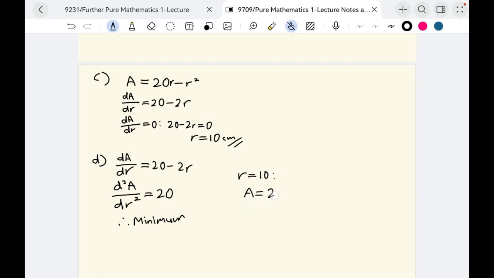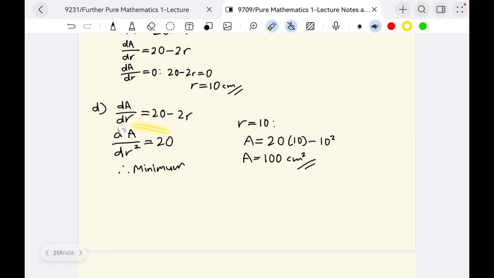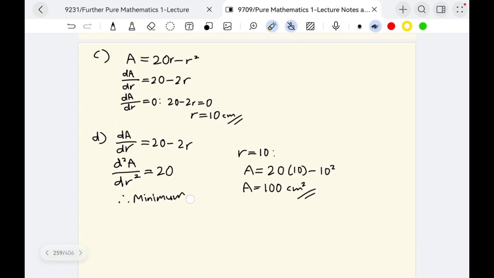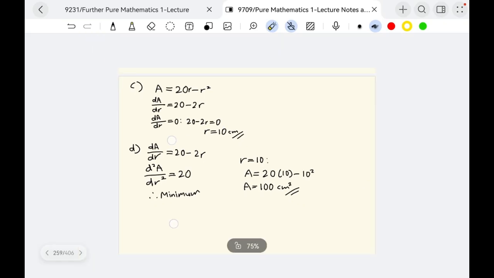What is A? It's 100 cm squared. So which means that A equals 100 is a minimum point because of the nature of the stationary point. I mean its value of d2A/dr squared is positive. Okay?